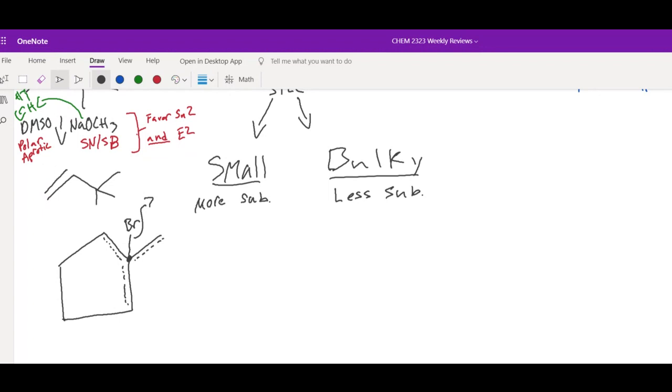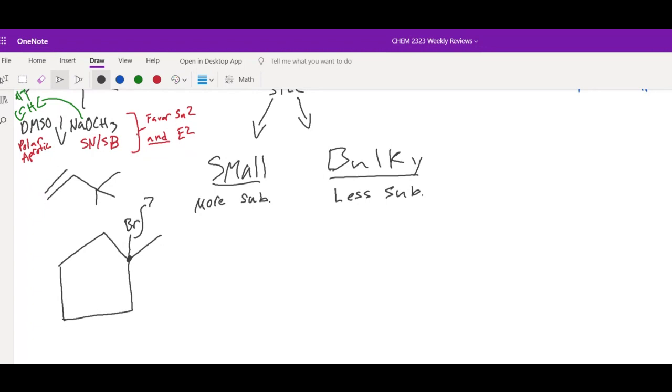Okay, so let me undo all that. Between those three options, really there's only two options because there's a line of symmetry here. Whether you go top left or bottom, you're going to get the same position. So we're just going to look at the bottom and the right position.